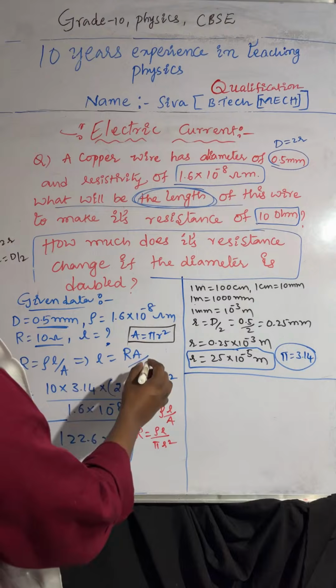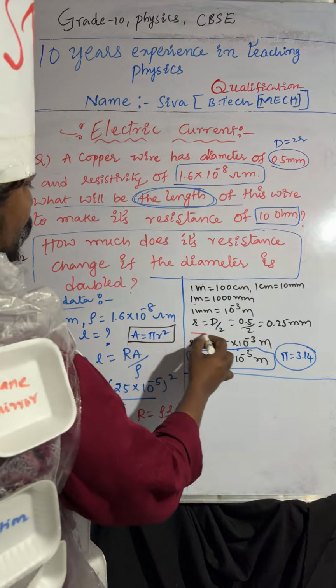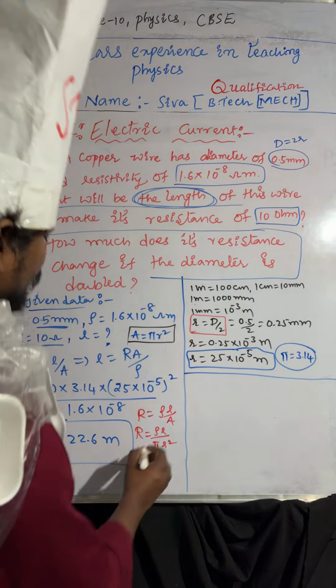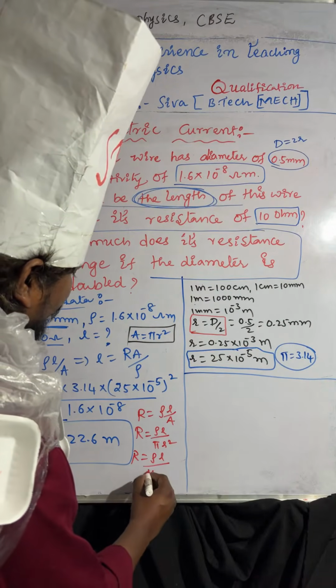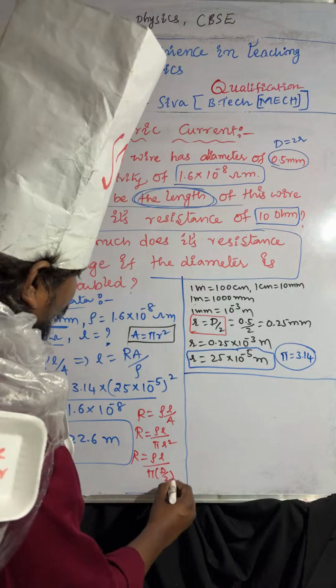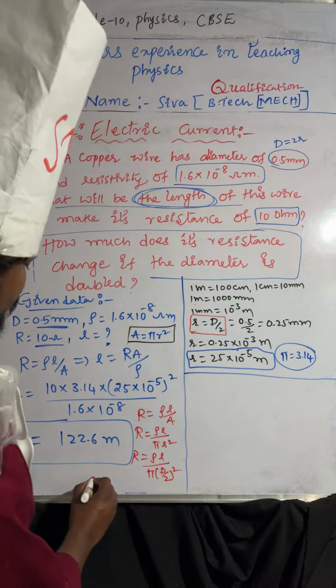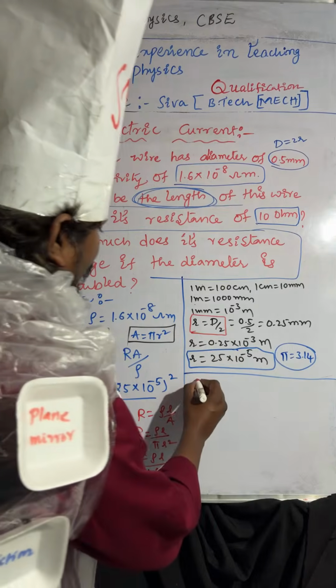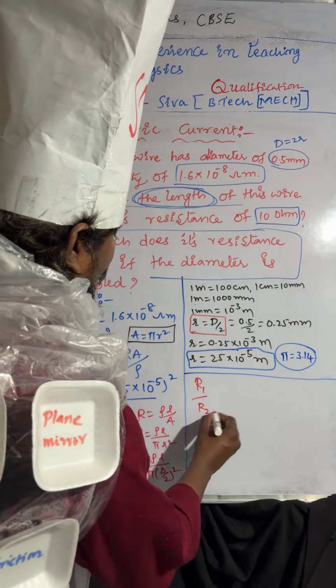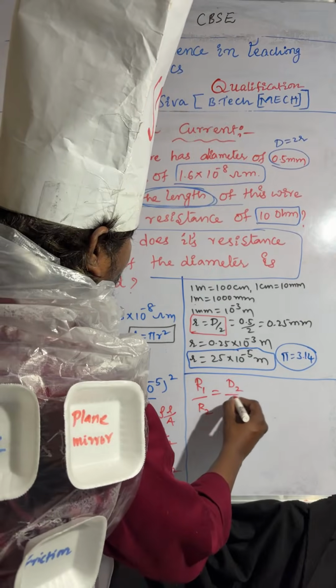We know r equal to D by 2. So R equal to rho into L by pi into D by 2 whole square. So R is inversely proportional to D square. So R1 by R2 equal to D2 square by D1 square.